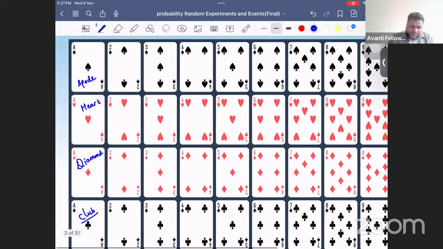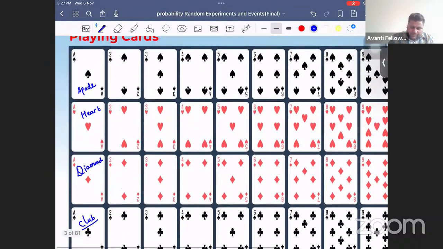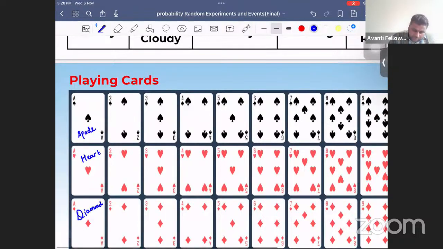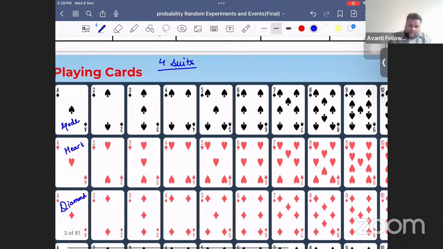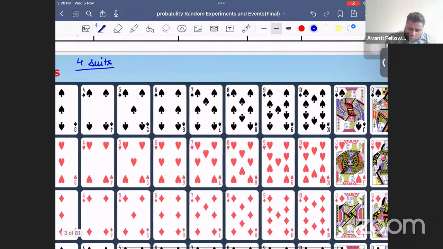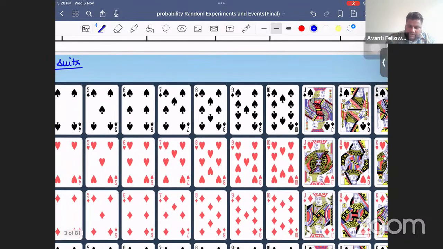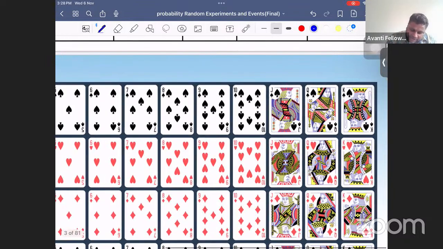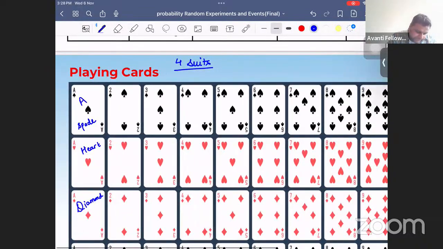Now each suit, and there are four suits, each suit has 13 cards numbered from 2 to 10. Then jack, this is jack. Then queen, king, and this is ace, A.